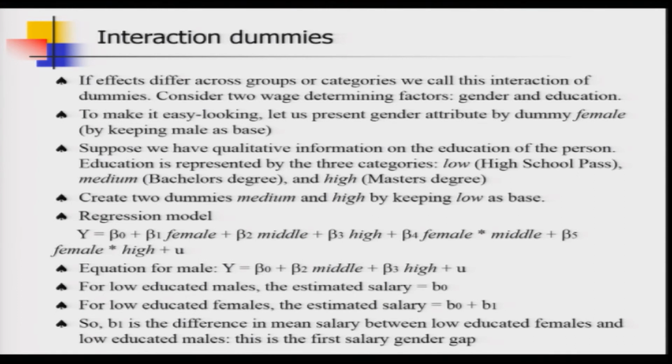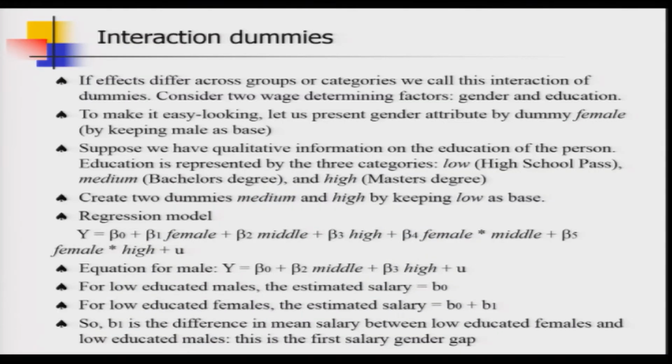Okay, so now as usual we are going to first talk about the regression equation for the simplest possible case. So basically we are going to talk about what is the regression equation for the base. So here is the equation for the male. So here you see that if we are talking about a male worker, then this female dummy will take value 0.